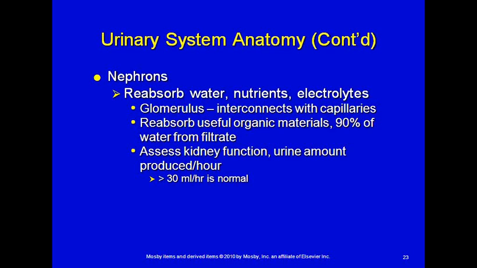90% of all your water comes from being reabsorbed and filtrated through there. In order to determine whether or not the kidneys are working well, they often will measure the amount of urine output, or the amount of urine produced per hour. The normal urine output is about 30 mLs per hour.